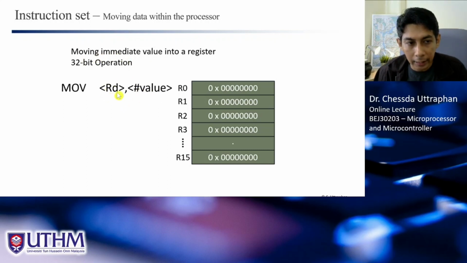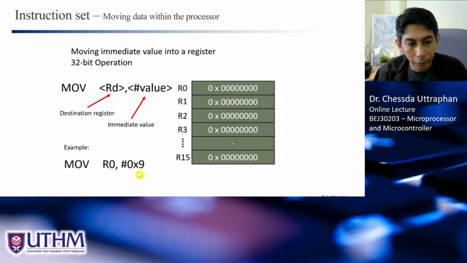So this is destination register, and this is called immediate value, the value that we want to move into the register. And the format is this. We have the hash before the number that we want to move. For example, we want to move number 9 into R0, right?